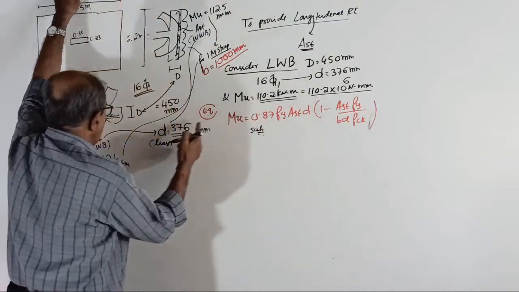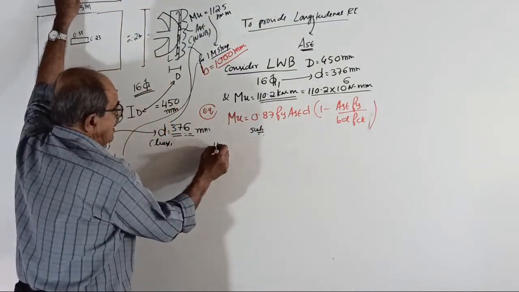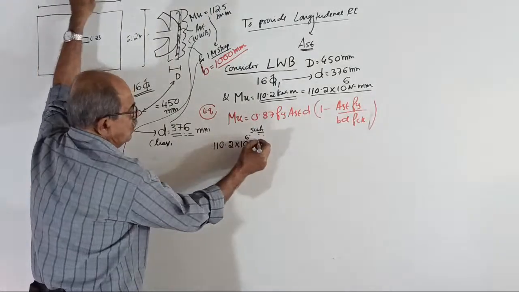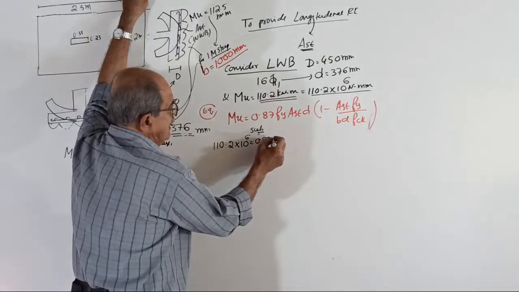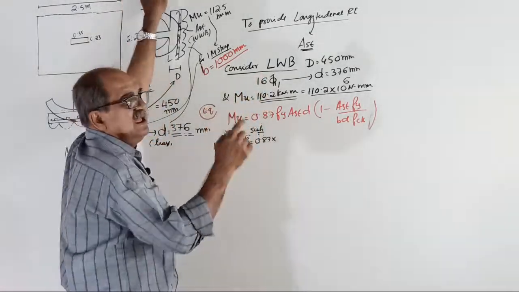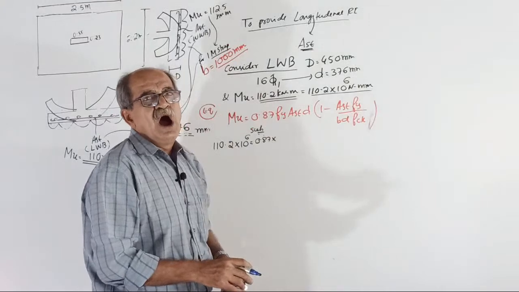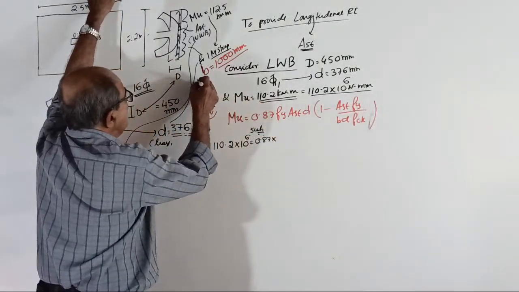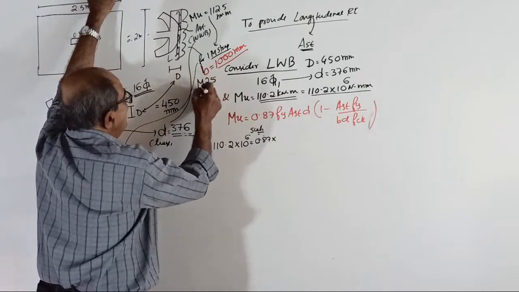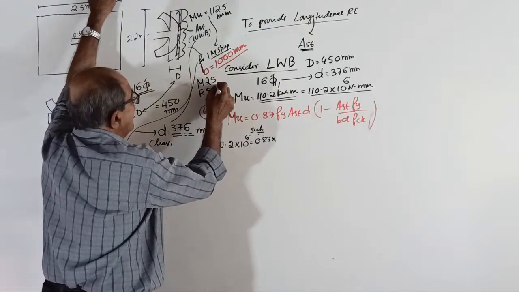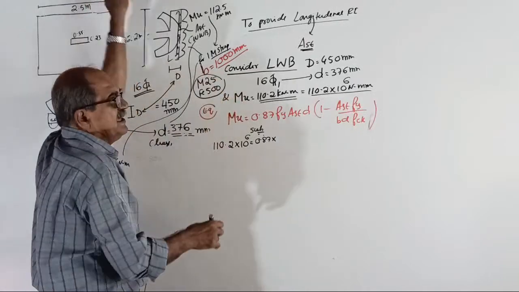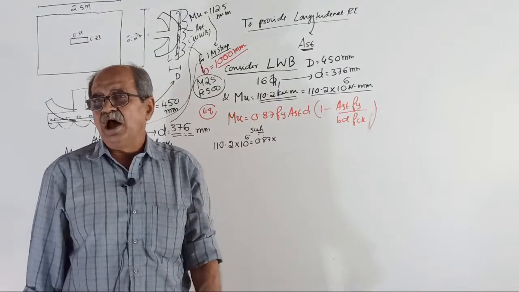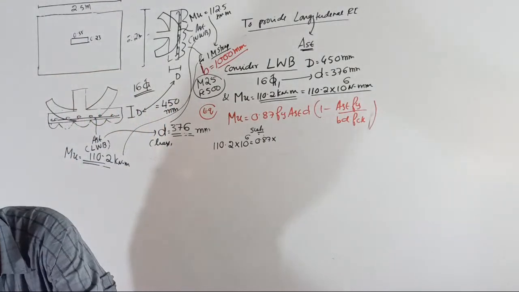Substituting, I am going for lengthwise bending. 110.2 into 10 to the power 6 equal to 0.87. Which concrete and steel are we taking? Most probably we are taking M25 concrete and Fe 500 steel. Correct? I don't remember now.